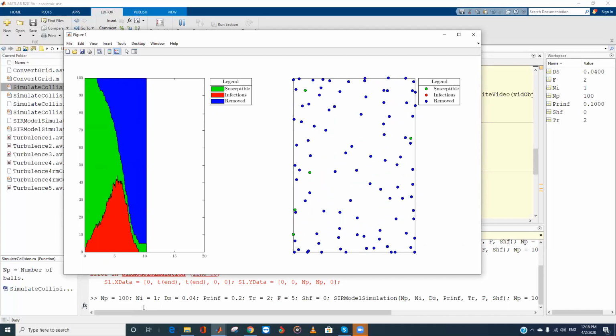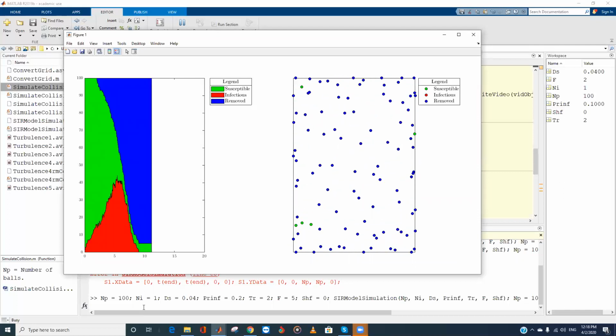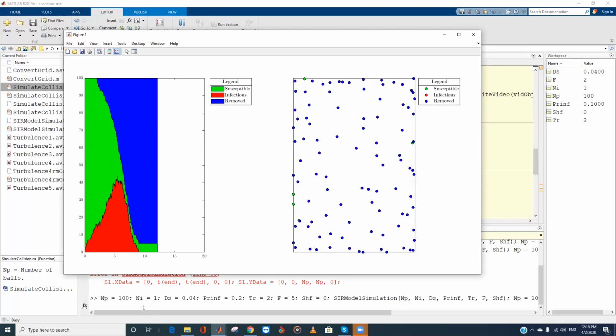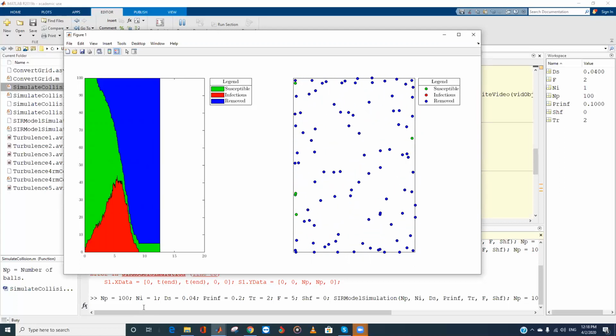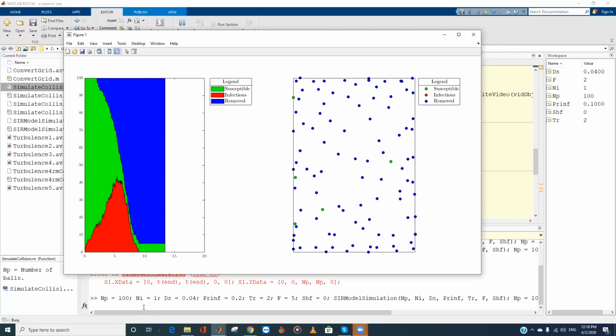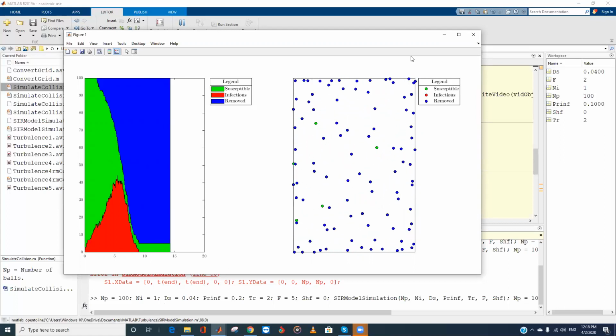But if we practice all these things together, the government does its own part, reducing TR, then you do your own part with personal hygiene, reducing the probability of infection, then you increase social distancing, the F, and people also stay at home, it will be difficult for the infection to propagate. That is what we're going to see next.